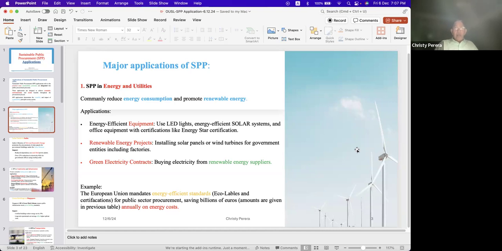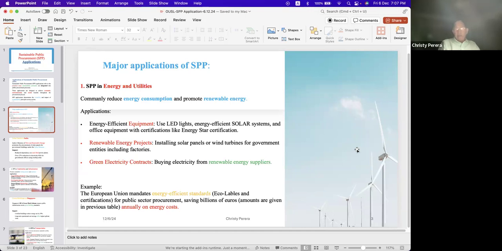Why are we going to do that? To commonly reduce energy consumption and promote renewable energy. You know all these things, right? I don't want to explain them again because we have gone through them in the last few days of lectures.